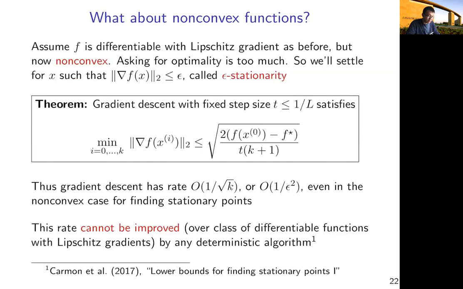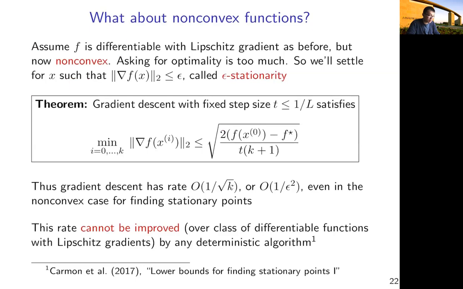saying that there is a family of non-convex optimization problems. If you are successful on some of them using the gradient information, then you will necessarily fail on one other optimization problem that has the same information that you observe up to this extent.